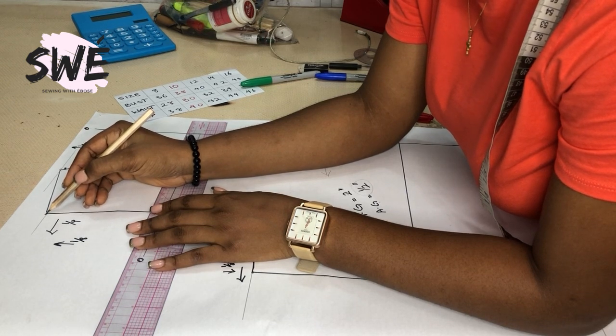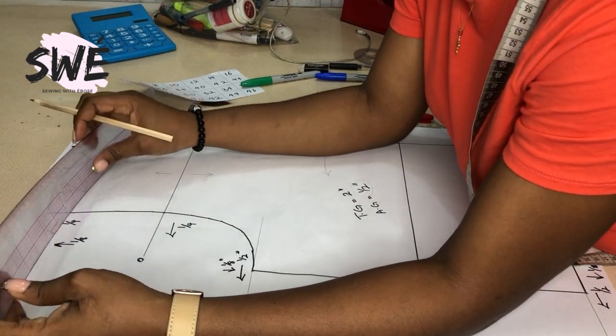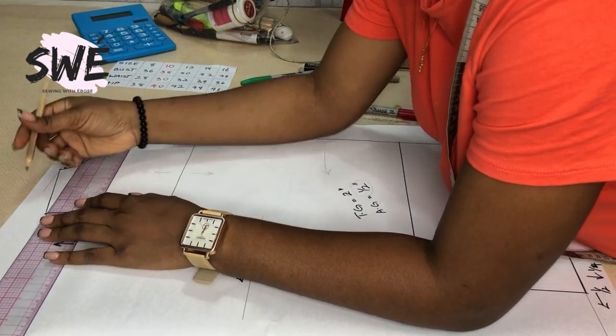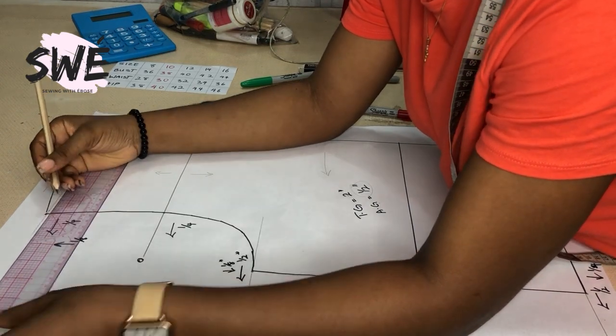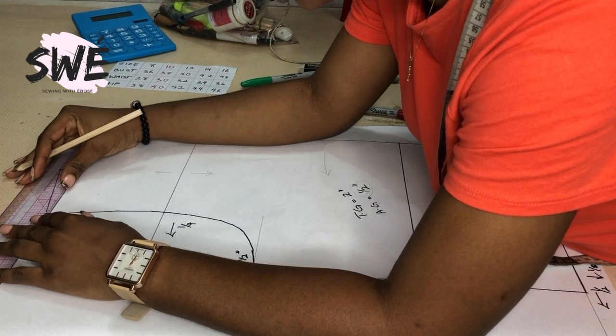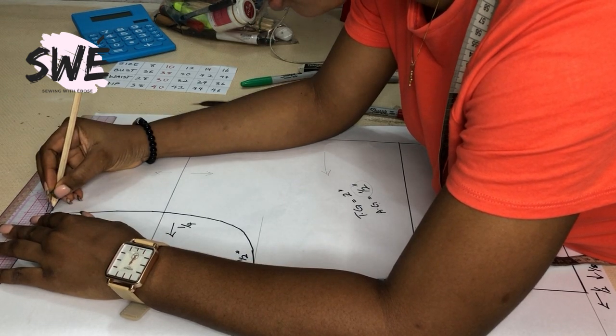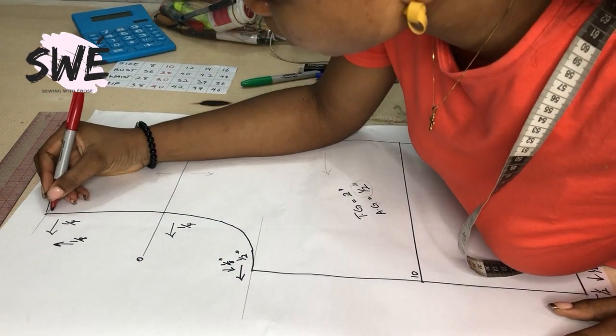For increments, you are going out, but since you are reducing, we are coming in 1/4 of an inch and going down 1/8 of an inch. So I'll just mark that spot red.